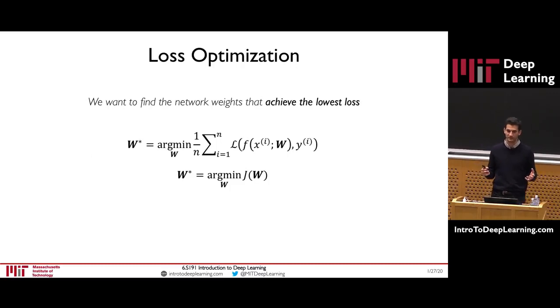So our test set is this example data set that we want to evaluate our model on. So in the class example, the test set is you. So you want to understand how likely you are to pass this class. You're the test set. Now what this means is that we want to find the W's that minimize that total loss function, which we call the objective function J of W.